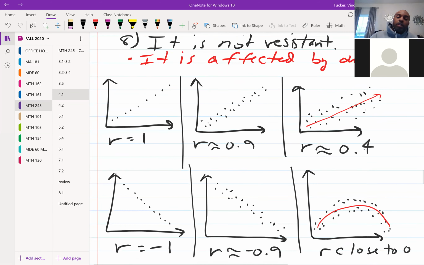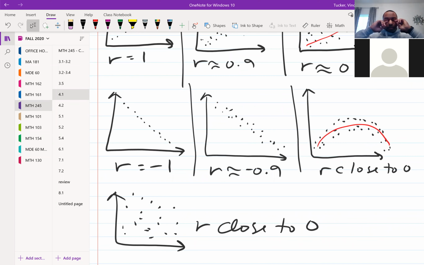Same thing happens with your negative associations. R is equal to -1 is a perfect straight line. But then as you deviate away from that straight line, you start to move closer to 0. And then that last one, not having a linear relationship at all, is also close to 0, R equal to close to 0.